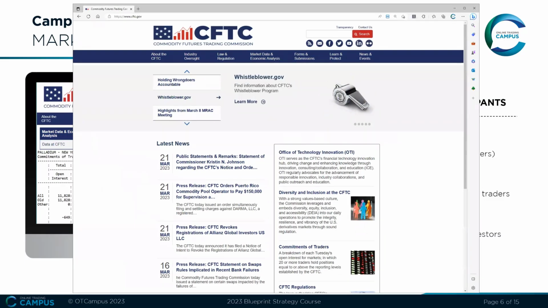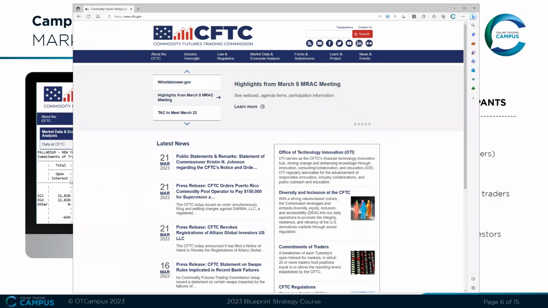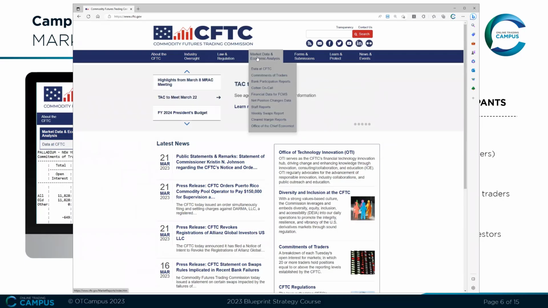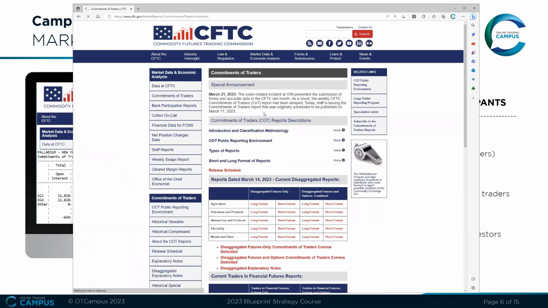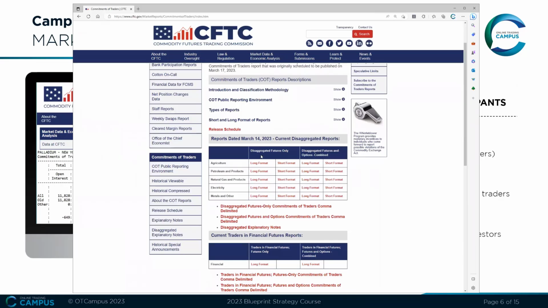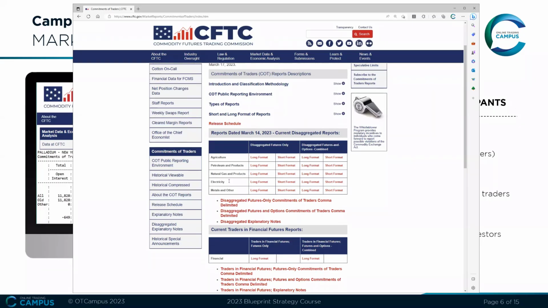So if we navigate to the CFTC website, then under market data and economic analysis, we'll see the Commitment of Traders report. And here we can see all sorts of different formats of different markets.